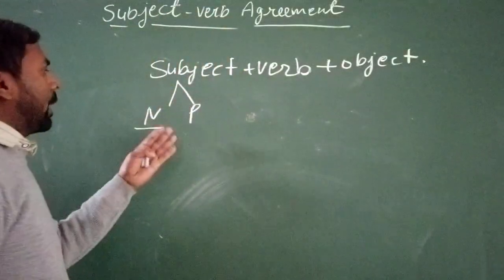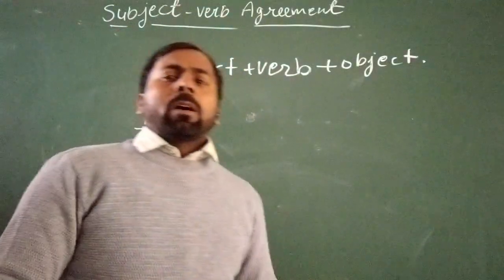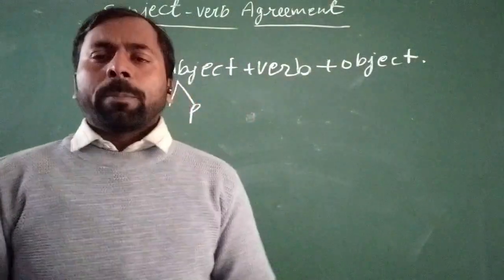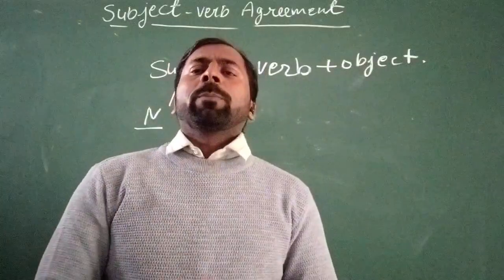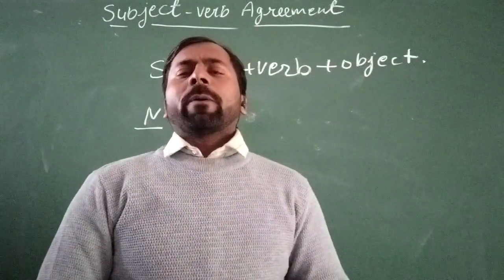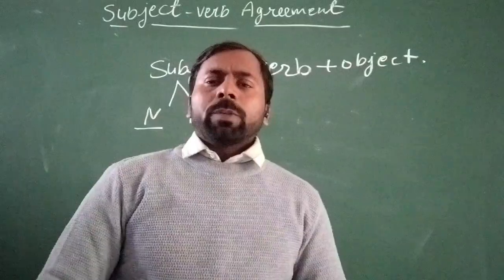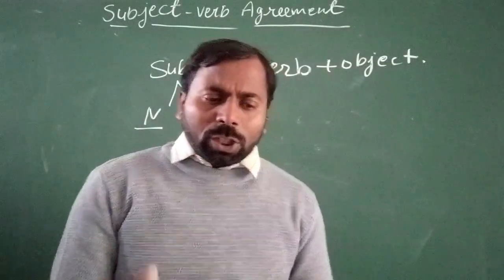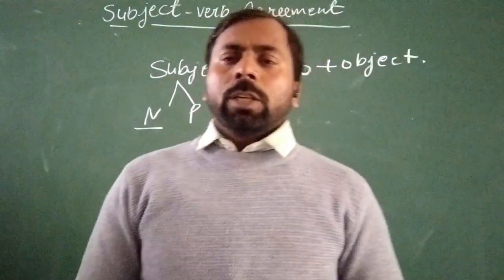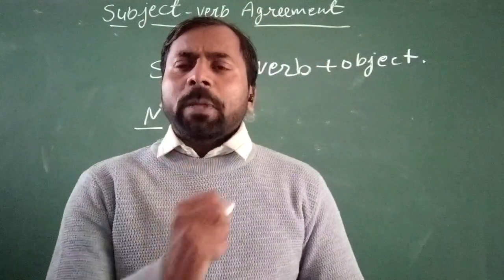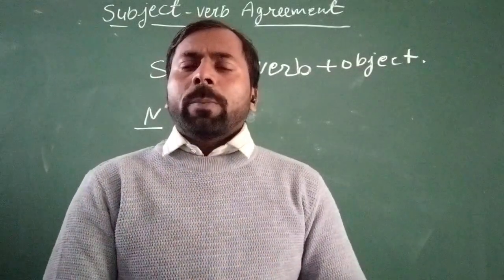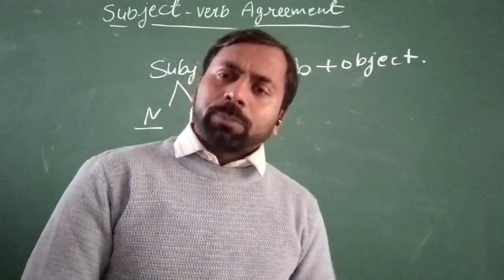Pronouns also have many kinds, like personal pronoun, distributive pronoun, possessive pronoun, demonstrative pronoun, etc. These subjects have a specific verb, and the verb is used according to the subject.